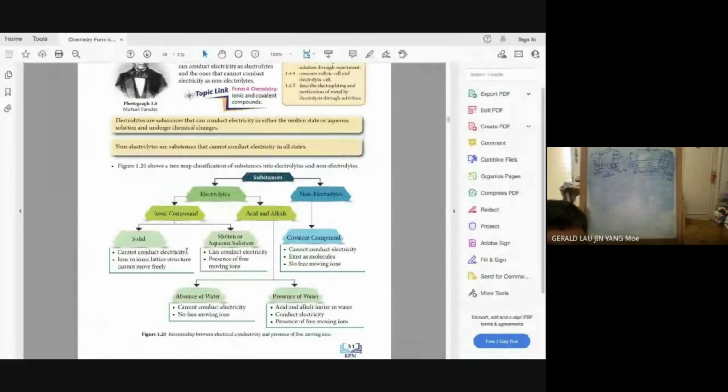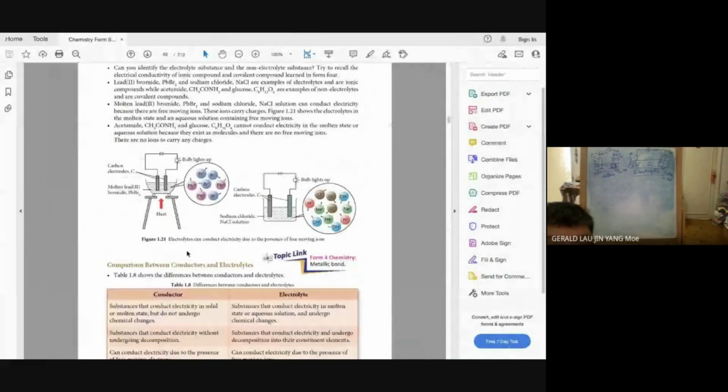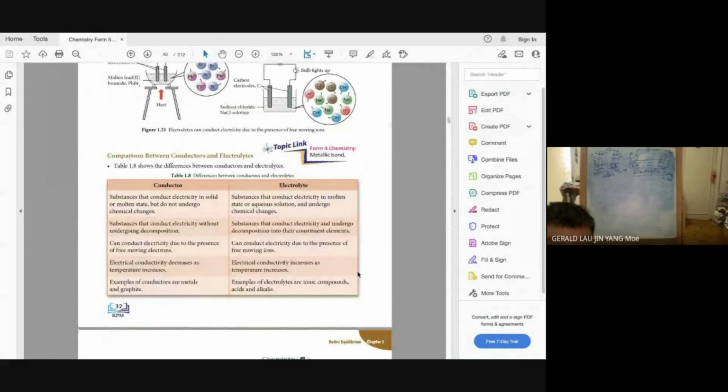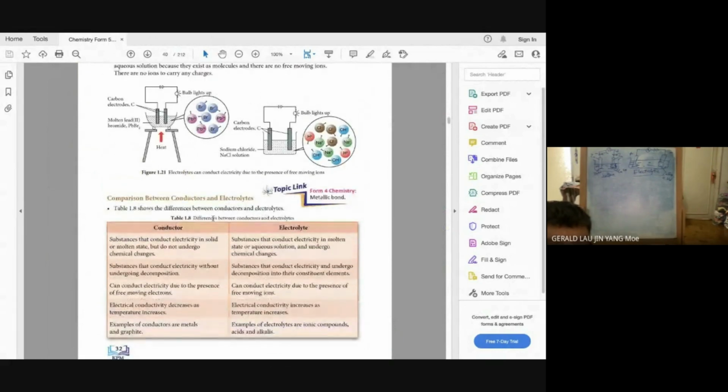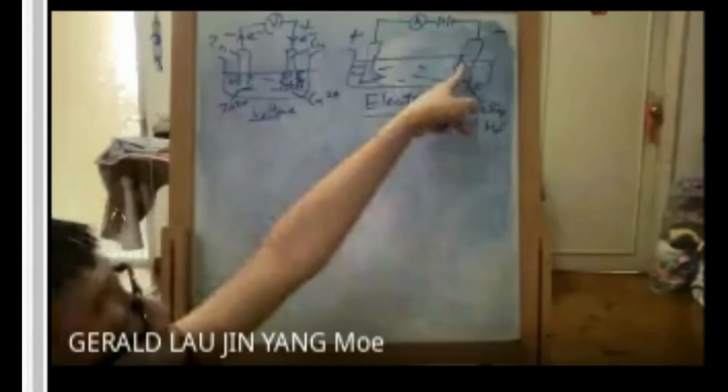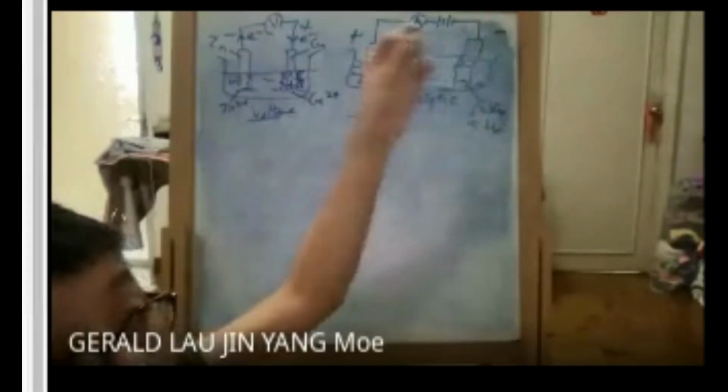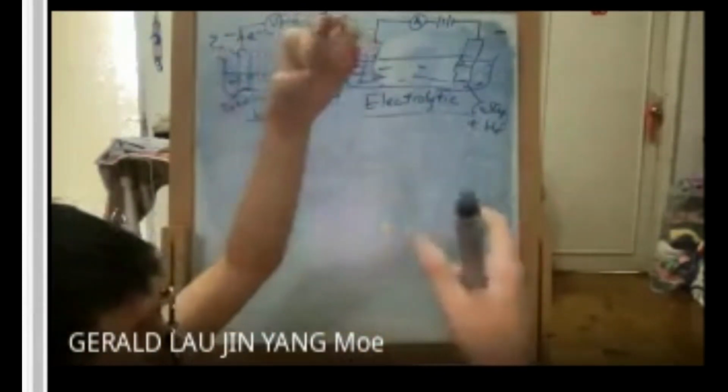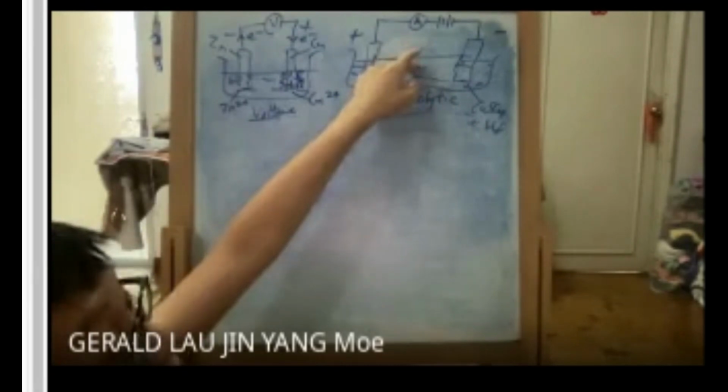Okay. Now we look here. So, conductor and electrolyte. Another difference between conductor and electrolyte is that the conductor is the electrode, the solid electrode. Electrolyte is the solution.